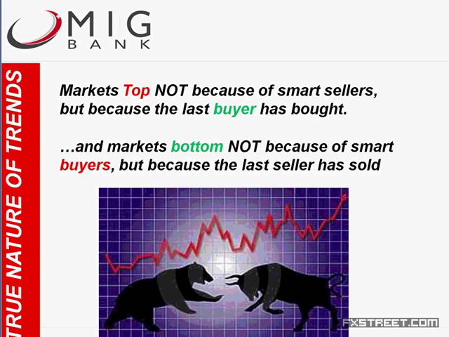People were looking for the smart seller, the big fish in the market that is selling and thereby creating that top, the market maker, the central bank, or maybe the hedge fund scapegoat. But that is not the case. Markets top not because of these supposed smart sellers, but because the last buyer has bought. And this is really critical.